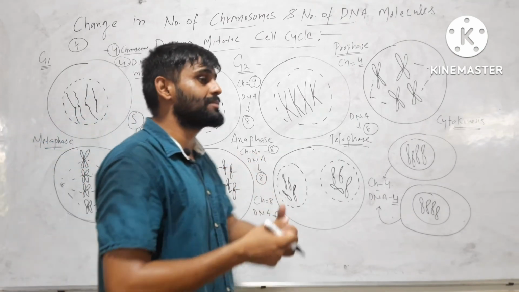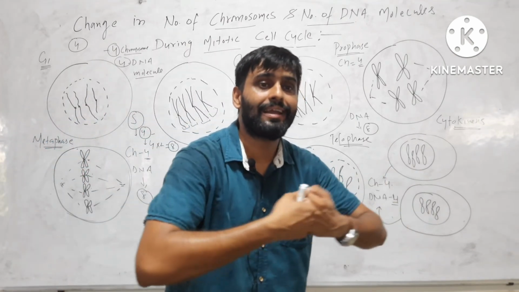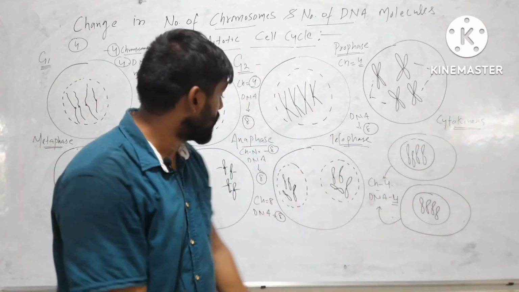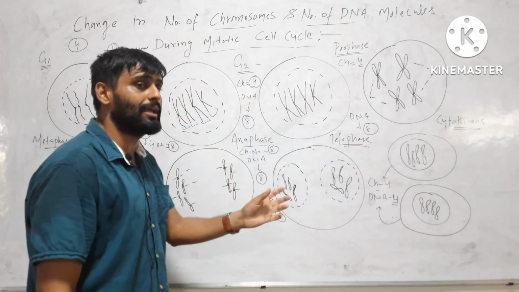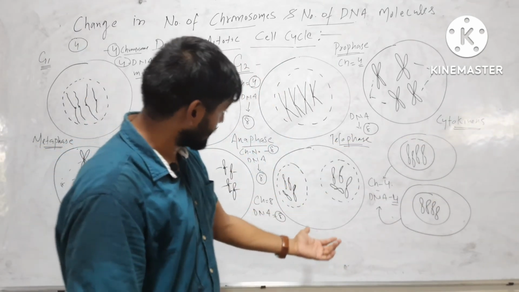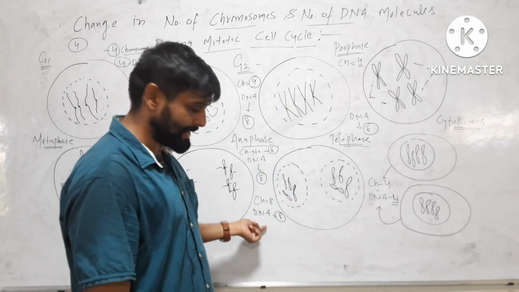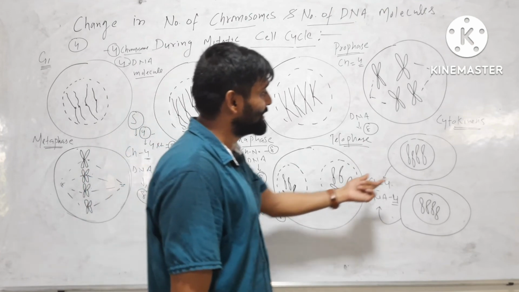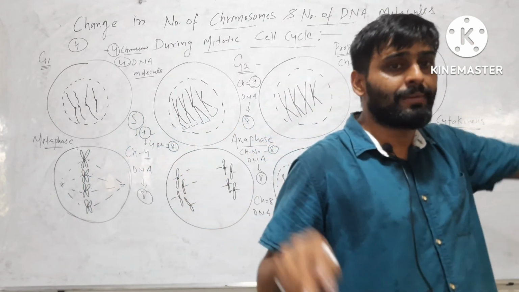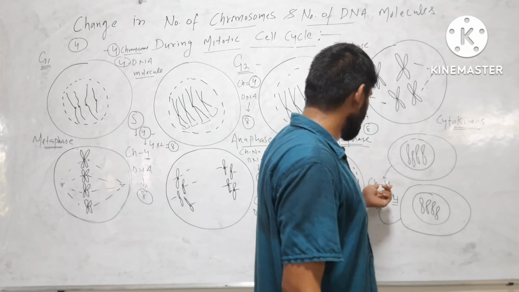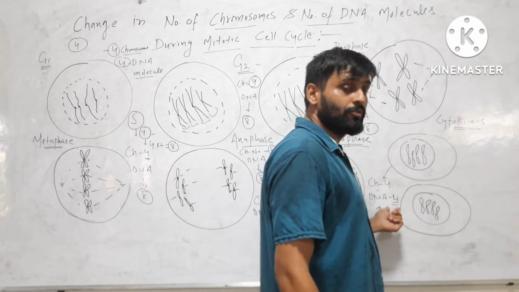In case of anaphase, the DNA molecules that are attached will separate. Now number of chromosome and DNA will become same. Similarly in case of telophase also, number of chromosome will be 8 and DNA molecule will be 8. But in cytokinesis, when cell separates, chromosome number will be 4 again and DNA will be 4 again.